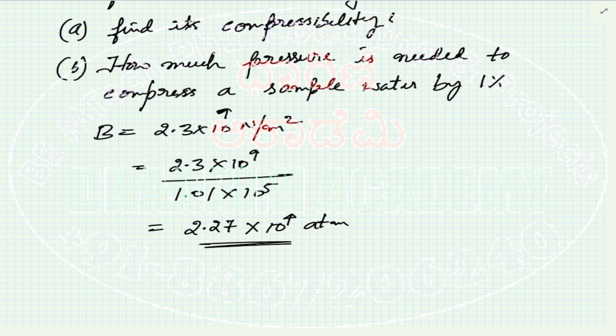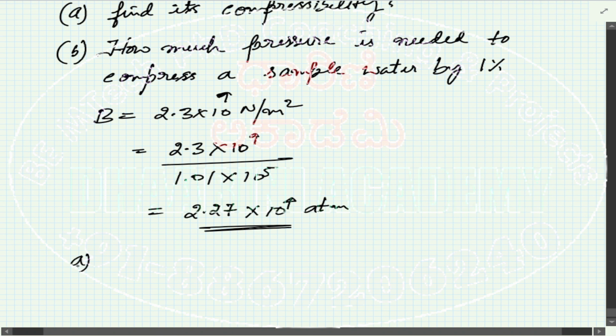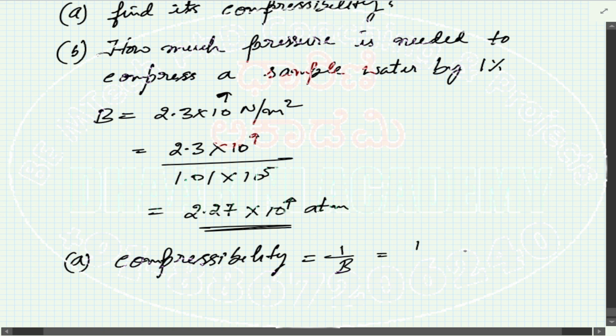Now the question says, what is the compressibility? So I'm answering part A of the question. Compressibility is 1 by B. So just represent this 1 divided by 2.27 into 10 to the power 4.